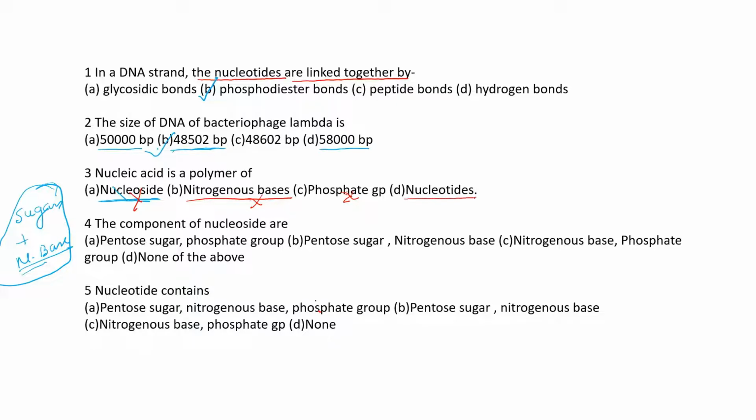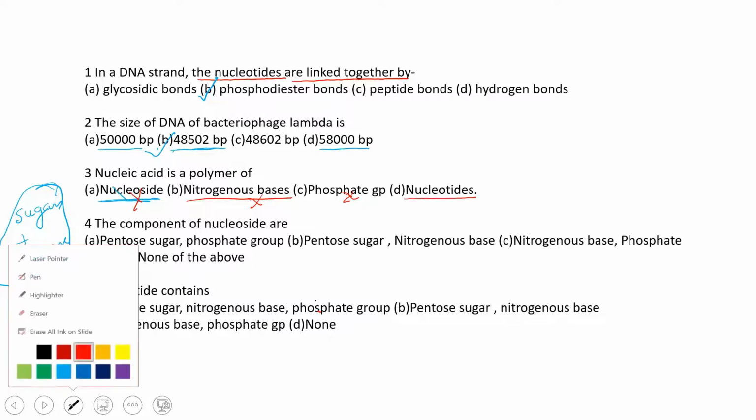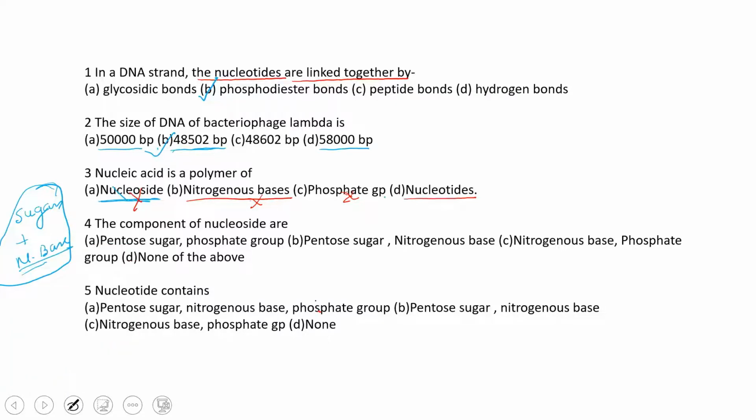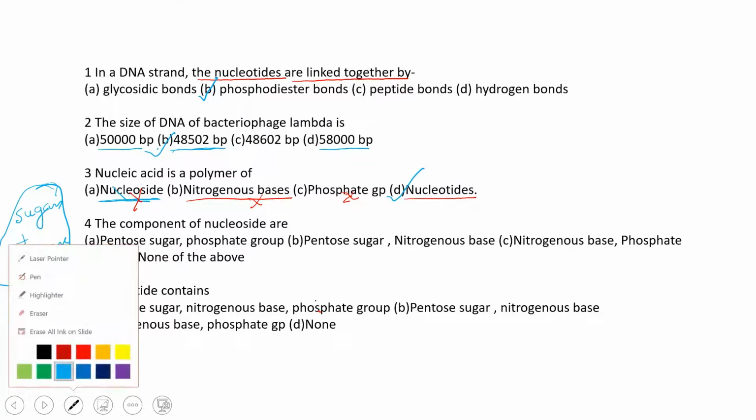Then comes nucleotides, and nucleotides contain all the components: nitrogenous bases are present, phosphate is present, sugar is present. So the right option is D, nucleotides, right? Now we will move to the fourth question.